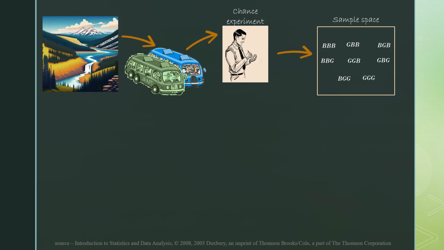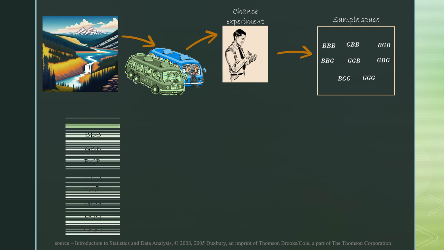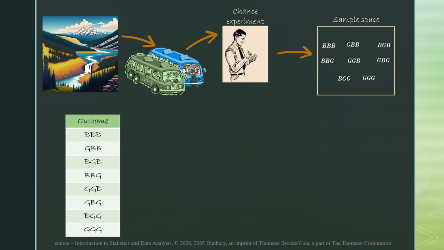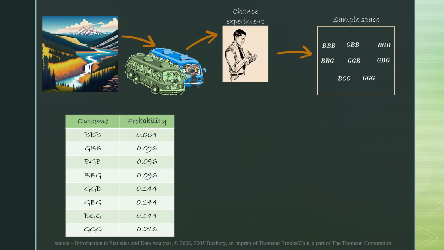Let's revisit the National Park chance experiment in order to understand the probability distribution for a discrete random variable in detail. Let's tabulate the outcomes from the sample space. Let's start by listing the outcomes in the first column from the sample space, followed by the probabilities for each of those outcomes in the second column.